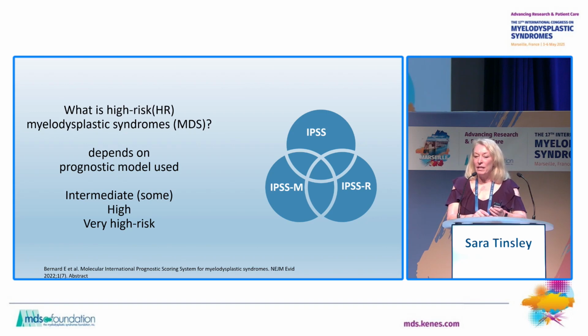We have the IPSS, the IPSS-R, which is really the most frequently used model. But now we're going to have to learn how to use the IPSS-M. And we have intermediate for the IPSS-R, and then high and very high. And we have more categories now when we're using the IPSS-M.